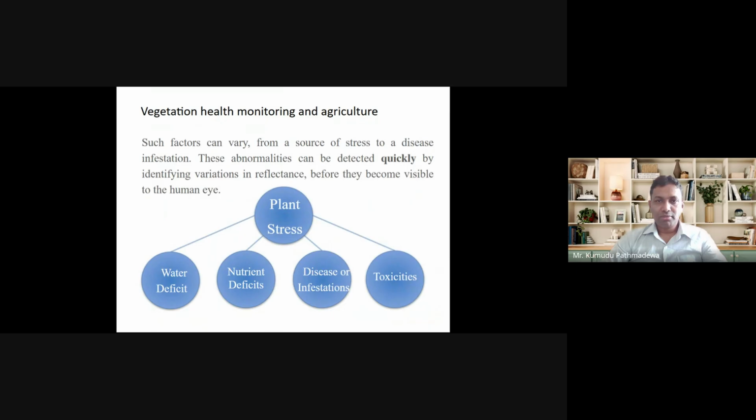So using remote sensing, we can detect these stress signatures from space or by using a drone. Before this situation becomes severe, we can detect it early, so we can take some remedial action.